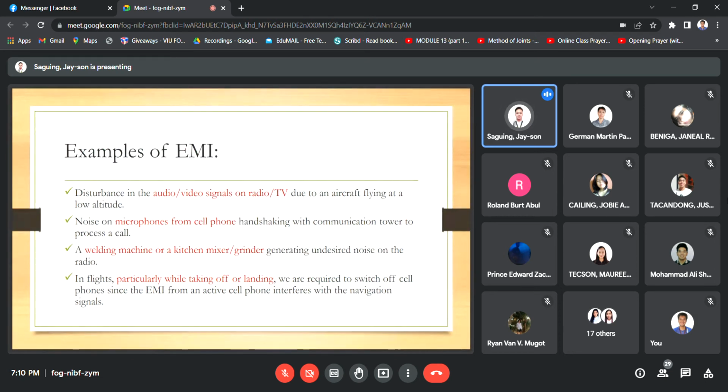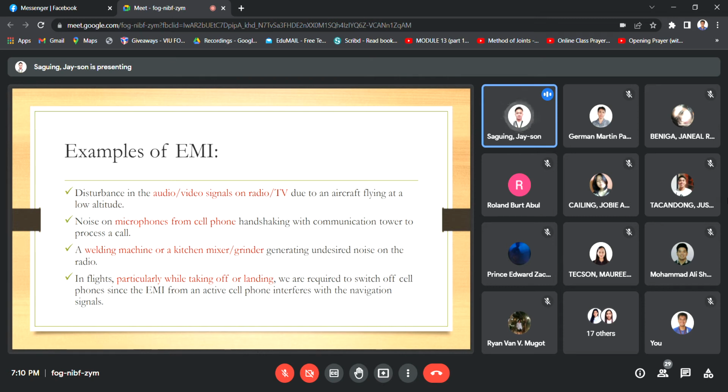Examples of EMI are disturbance in the audio or video signals on radio or TV due to an aircraft flying at a low altitude. Next, noise on microphones from a cell phone handshaking with a communication tower to process a call.